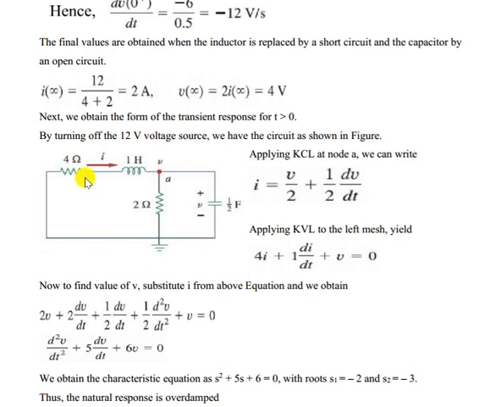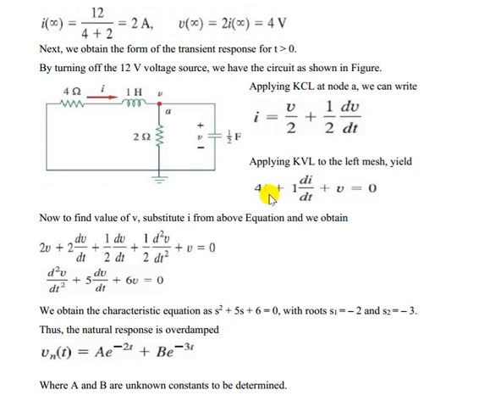Now we can write I equal to V by 2 plus C dV by dt, that is C equal to 1 by 2, so 1 by 2 dV by dt. Now if we apply KVL to the left mesh, we can write 4I equal to L di by dt, where 1 is the L value, di by dt plus V equal to 0.